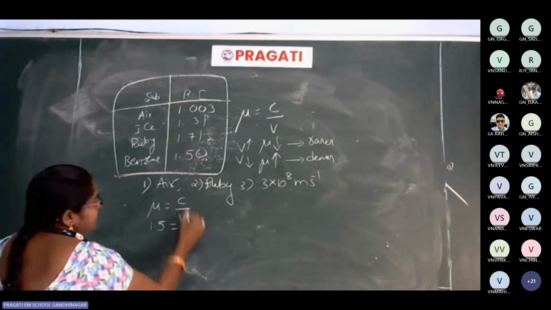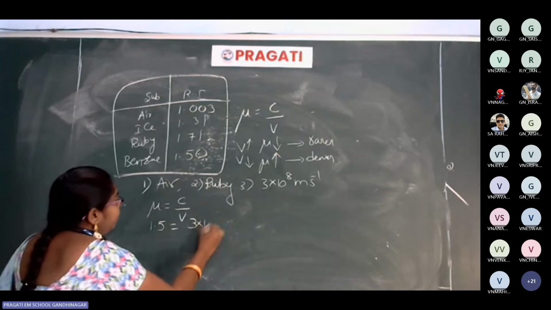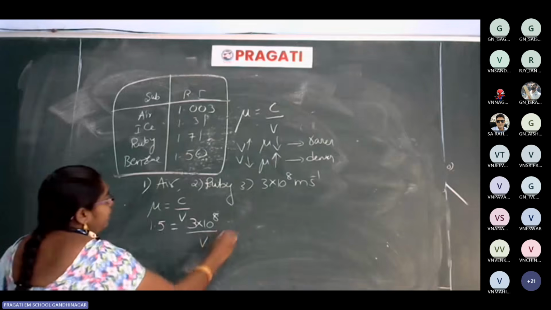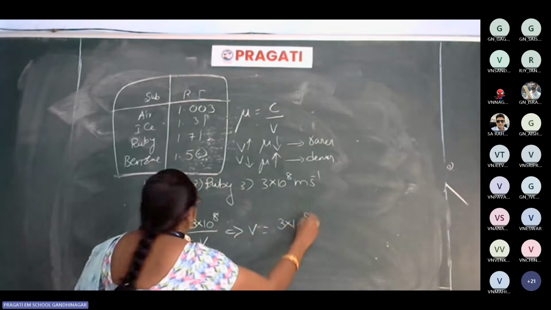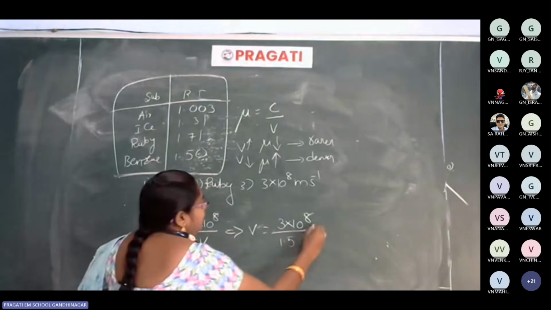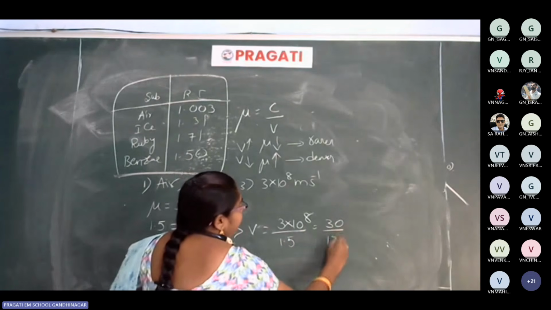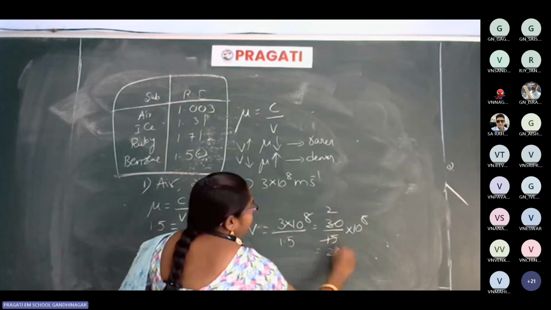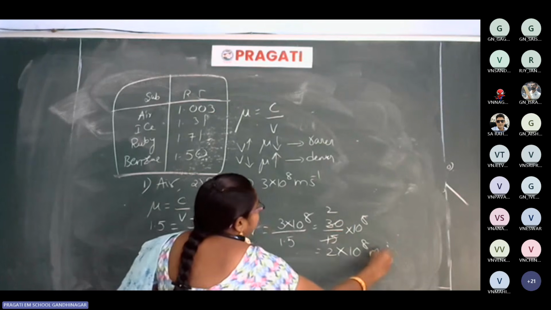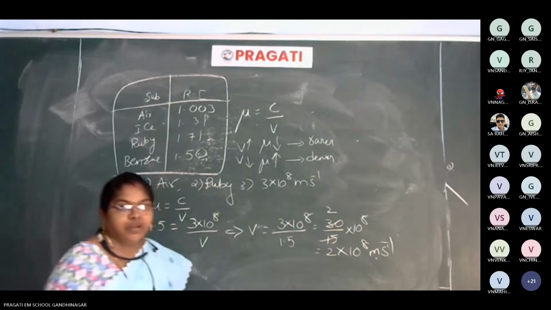That is equal to C, means 3 into 10 to the power of 8, by V. That implies V is equal to 3 into 10 to the power of 8 by 1.5. That is equal to 30 by 15 into 10 power 8. That is equal to 2 into 10 power 8 meter per second.